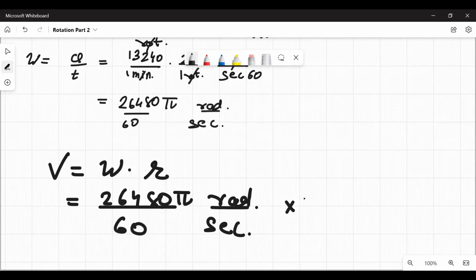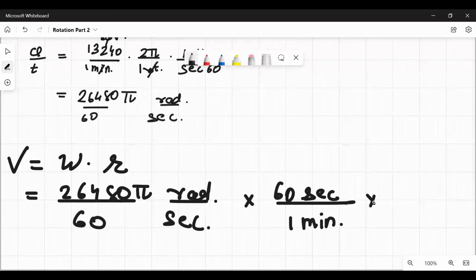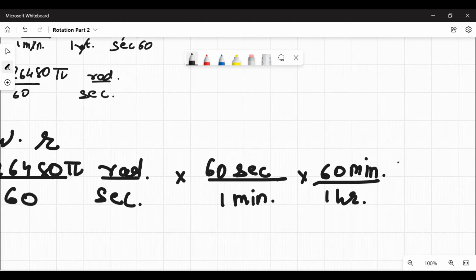So what we are going to do, we're going to first convert the time. So this is going to be 60 seconds a minute, and then again 60 minutes an hour. Then we do 58. Oh nope, it's not 58, it's 116 because we have doubled it up.